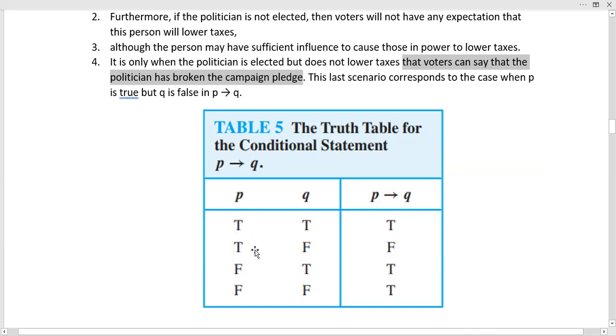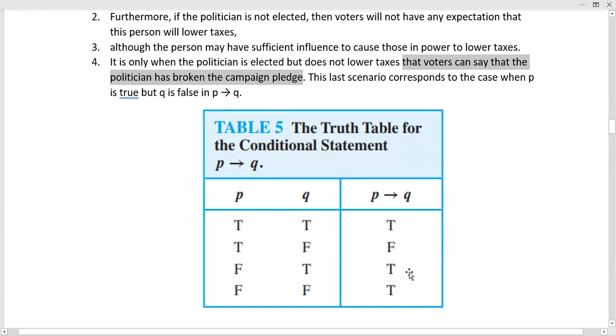The third one: the politician is not elected, and may or may not implement the offers. Then it is also true. Yes or no? There is no pressure on the politician, because he has already lost his opportunity in that election. So F means the politician is not elected, but he implemented the taxes.